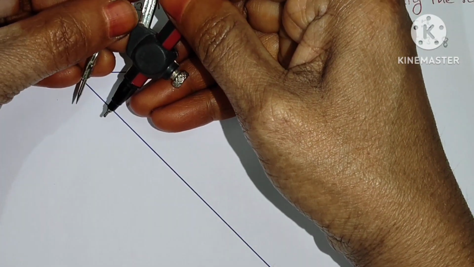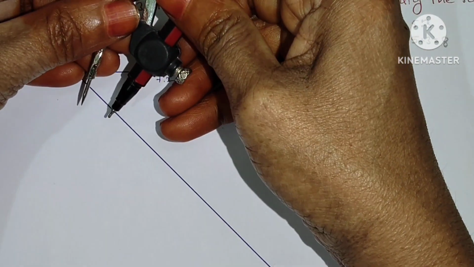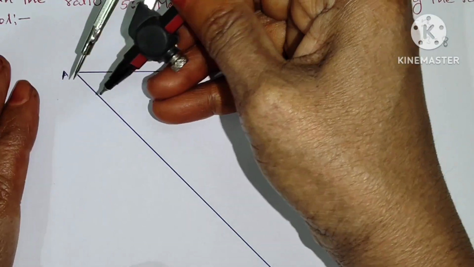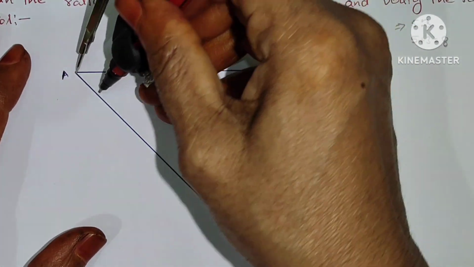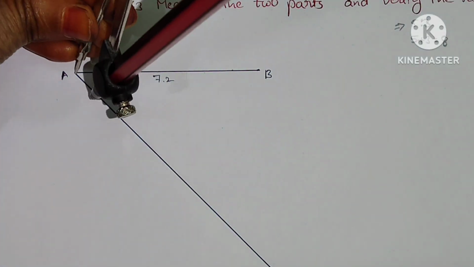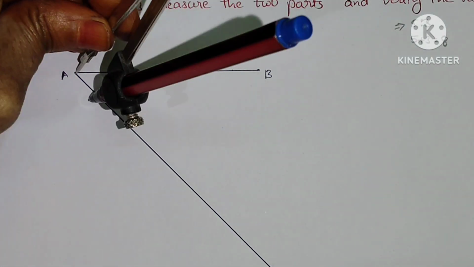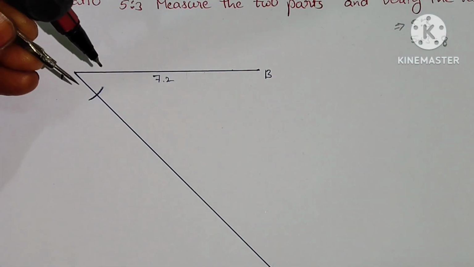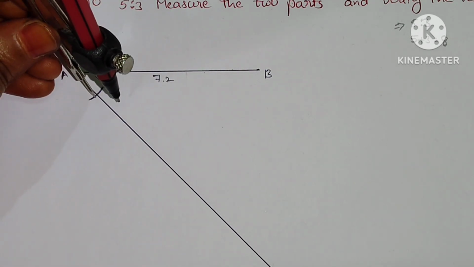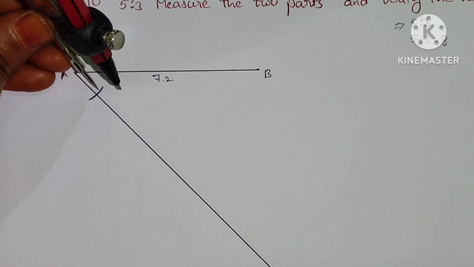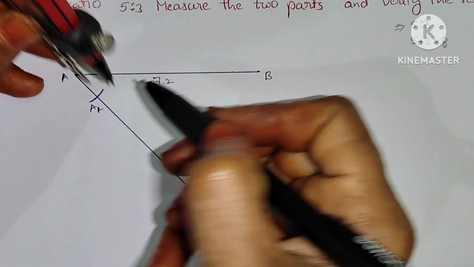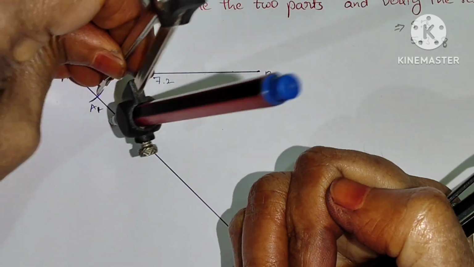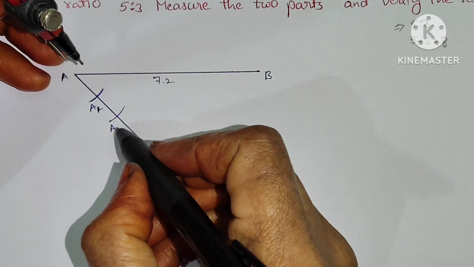We take a small radius on the rounder. Don't change it. First, based on A, we draw an arc on AX. This point is A1. Based on A1, we draw another arc, A2.